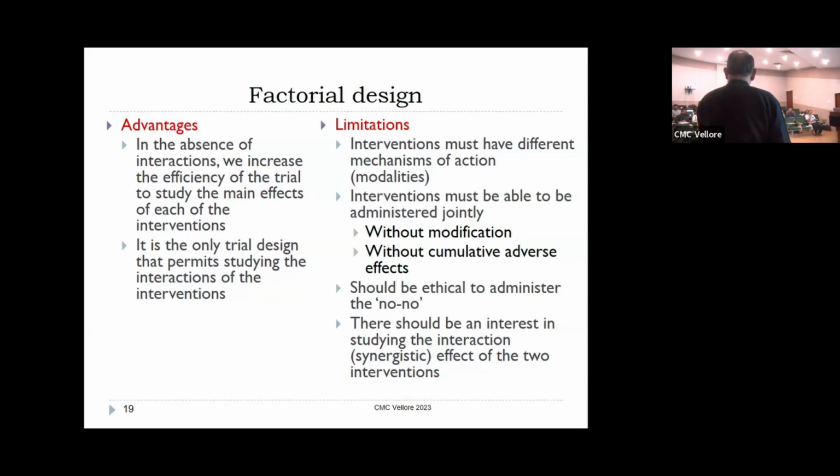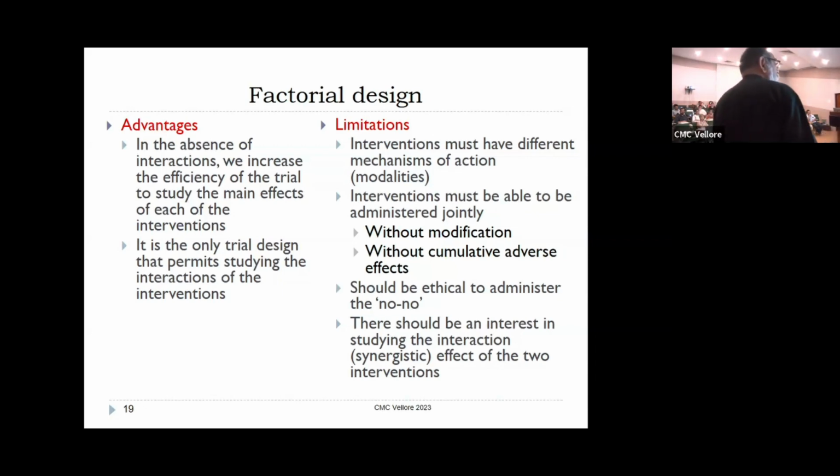So if there are different types of drugs, but they have adverse effects that are bad, like, I don't know, you get nausea and vomiting and you get GI problems, maybe the persons that get yes-yes will have so many bad things that the ethics committee will say, no, you can't do that. You can't give those two things together.